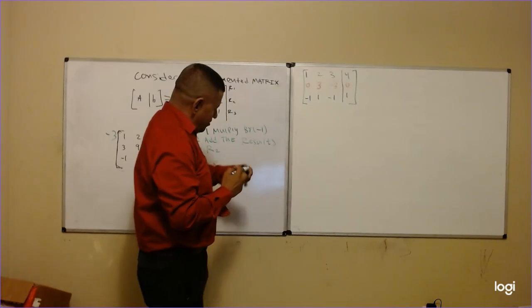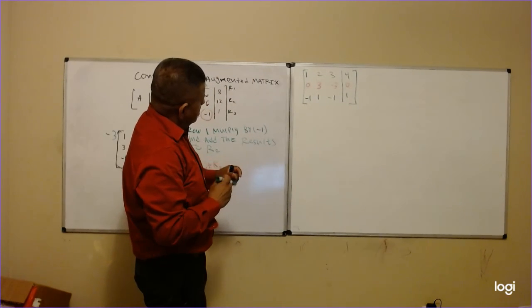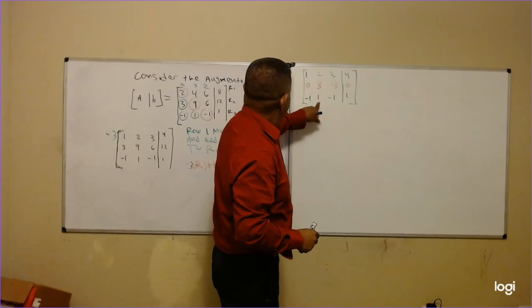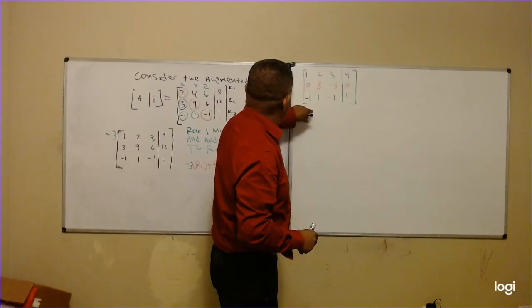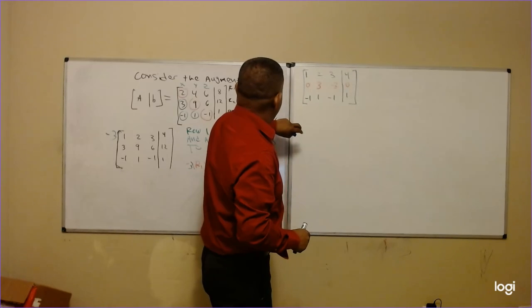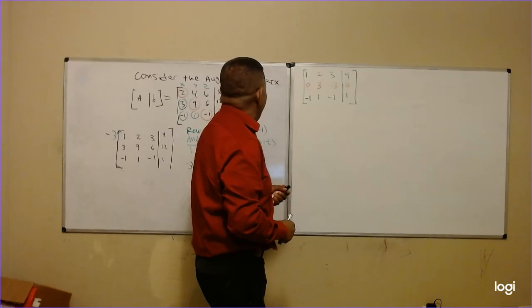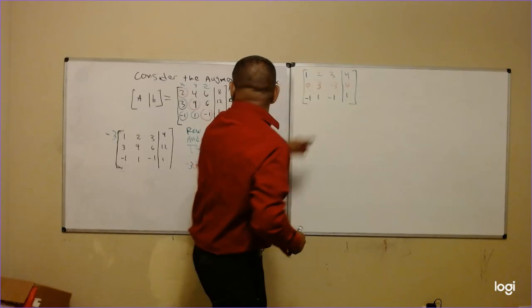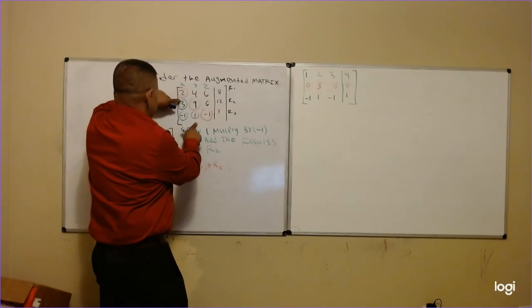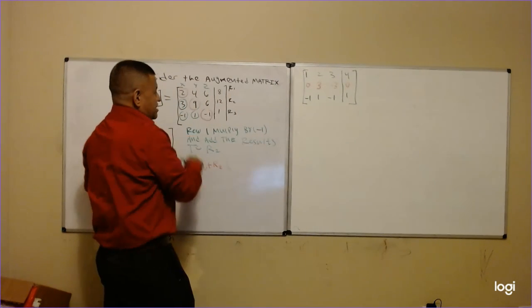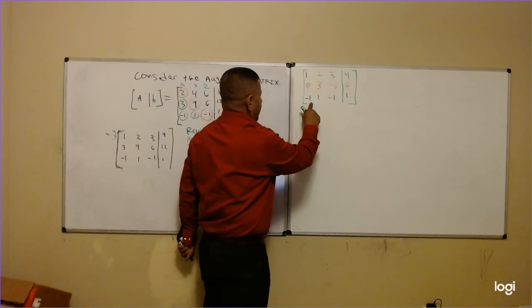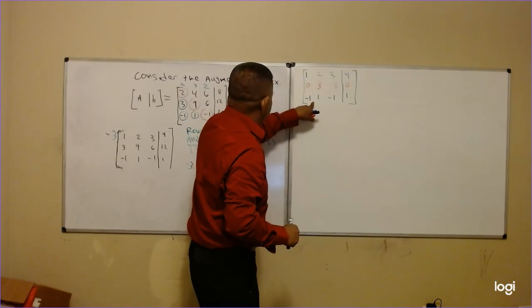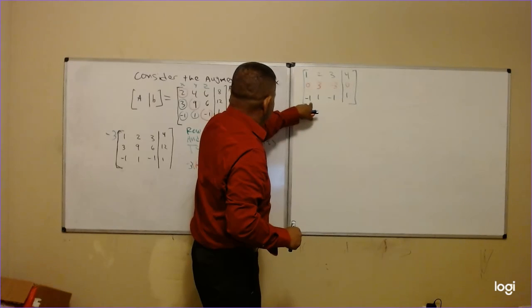Okay, so now I have this 0, but how can I make this 0, right? Because I still have to make these 3 greens zeros. So I gotta get rid of this, right? So how can I get rid of this to make that 0?